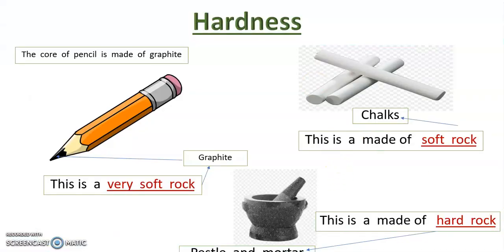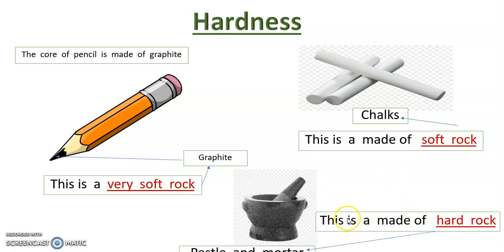Number 4 is hardness. The core of a pencil is made of graphite. This is made from graphite, and this is a very soft rock. Number 2, chalk is made of soft rock.